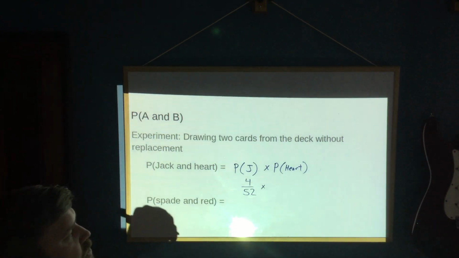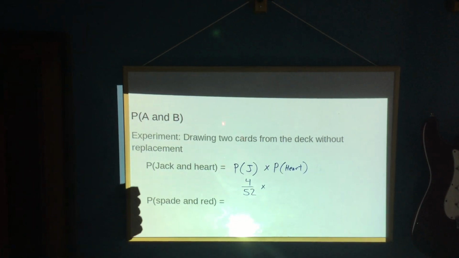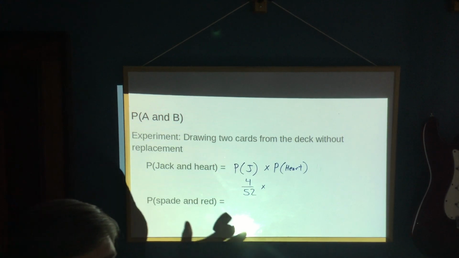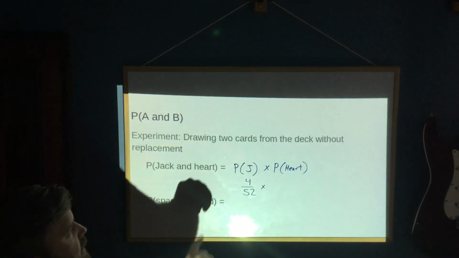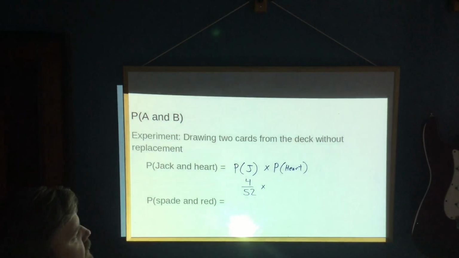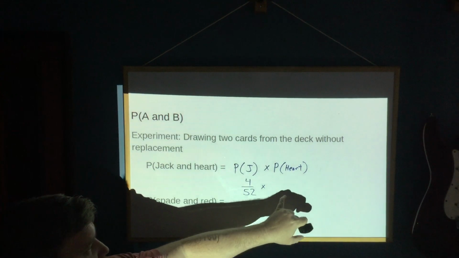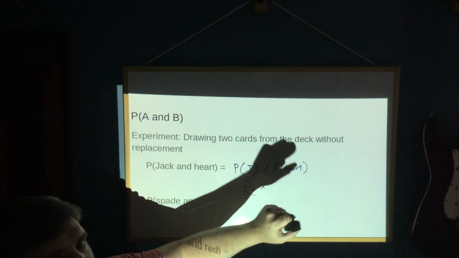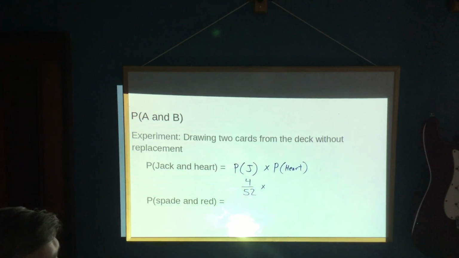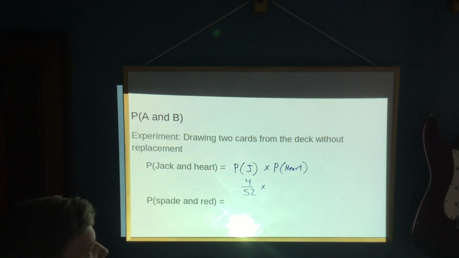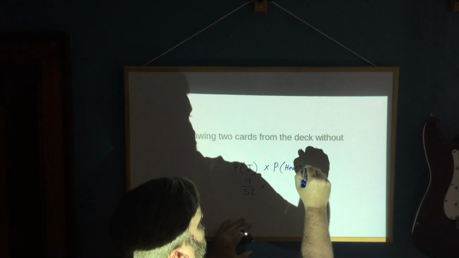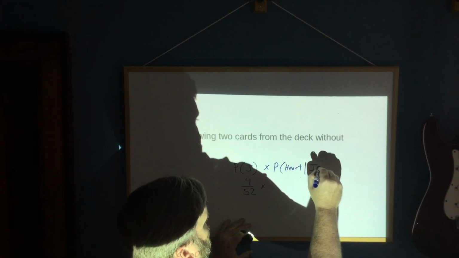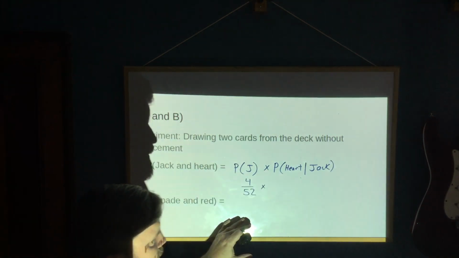Now, you have to assume that this first event happened. So we did get the jack, okay? You assume that you got the jack. We did not put it back, so I no longer have 52 cards, I have 51 cards. So the probability changed. So these are dependent events. So this would actually be the probability of a heart given that we've already drawn a jack.